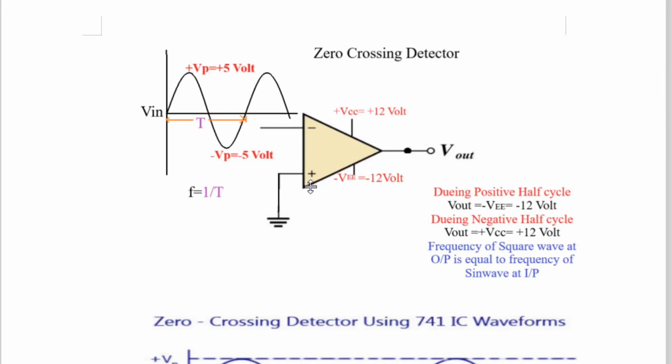Therefore, 0 is positive as compared to all those negative values. Therefore, during the negative half cycle, the voltage at the non-inverting pin, that is the positive pin, is greater than the voltage at the inverting pin, that is the negative pin. Therefore, the output of the op-amp will remain in HVL, that is Vsat plus.